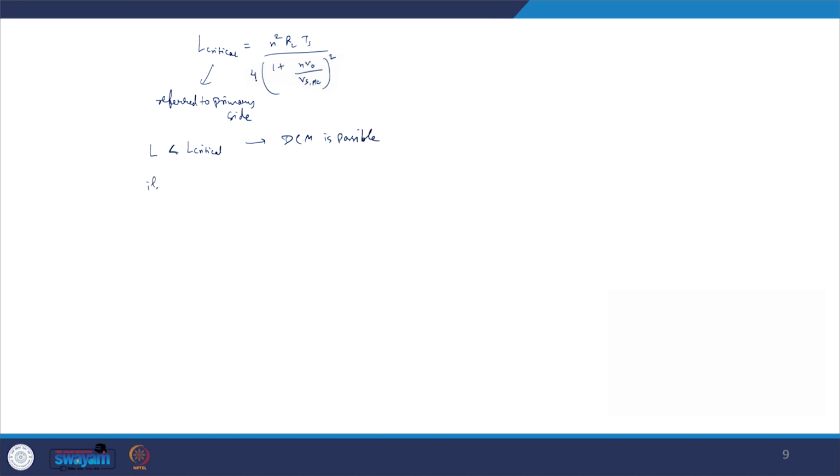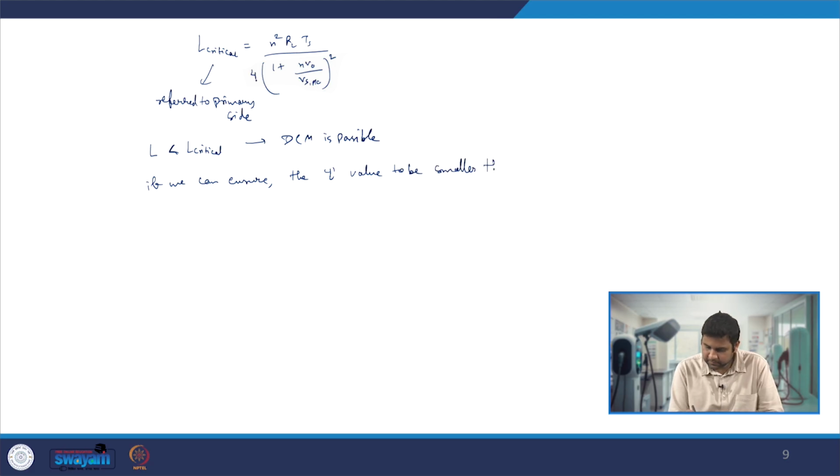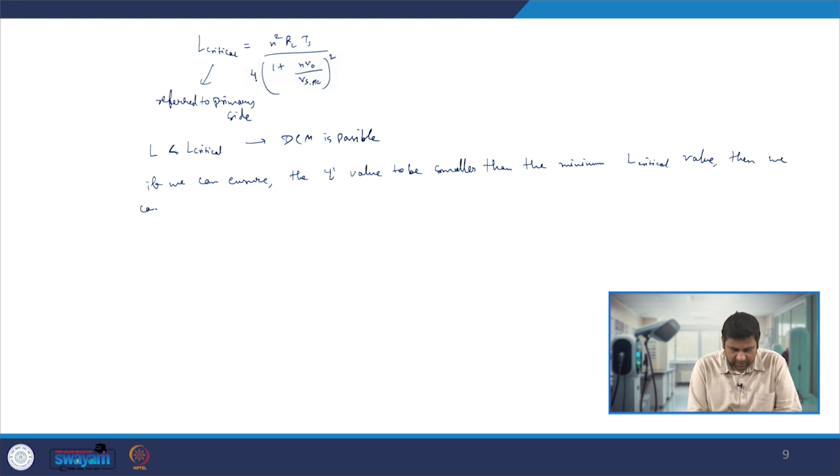And if we can ensure the L value to be smaller than the minimum L critical value, then we can always ensure the DCM operation.